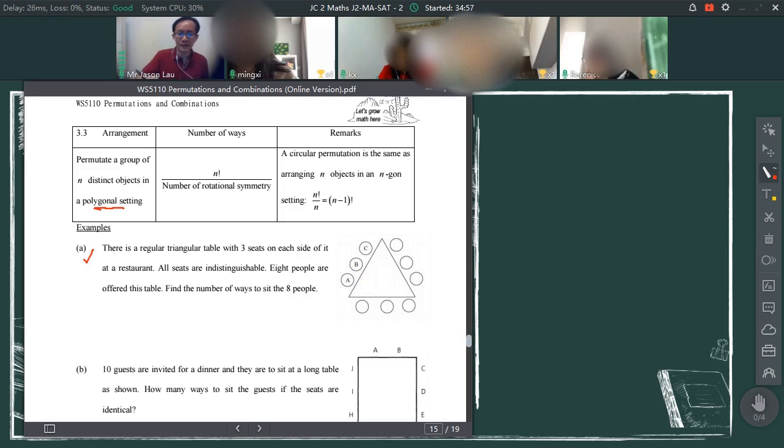In this case, for part A, if you talk about it in terms of this formula, it will be just 9 factorial. Why 9? Because 8 people plus a dummy. We always think of a dummy. If there's only one dummy, then this will be an extra person. So 9 factorial divided by the rotational symmetry, which is 3.